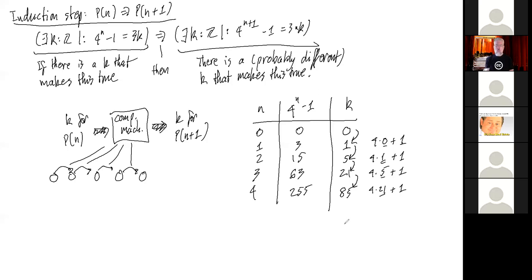So if this pattern turned out to be true, this would tell us that in general, 4 to the n minus 1 is 3 times... minus sign in the wrong place. Let me do this right.